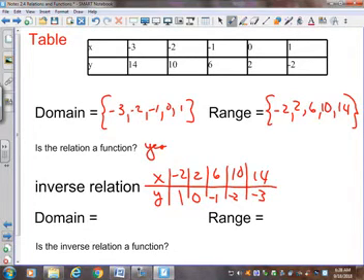The point for the x and the y have to go together. You can't just bring that top row down. You've got to match them back up. Then again, if you want the inverse as domain and range, you just switch the x and y. So you can just switch the domain and range of the original, and it becomes the domain and range of the inverse.